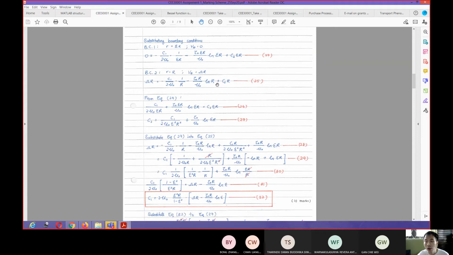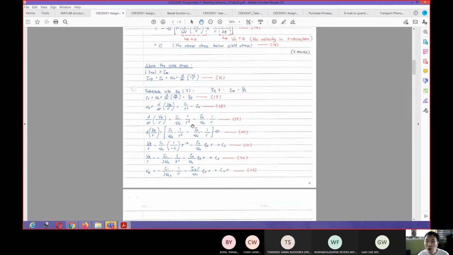Okay. Then once you put everything in carefully, you will be able to get your C1 in here. So your C1 will be equal to this term in here. And then you will be able to get your C2 as well. So the most important thing is you plug it in, and then you integrate this d of the velocity in the angular direction divided by r.